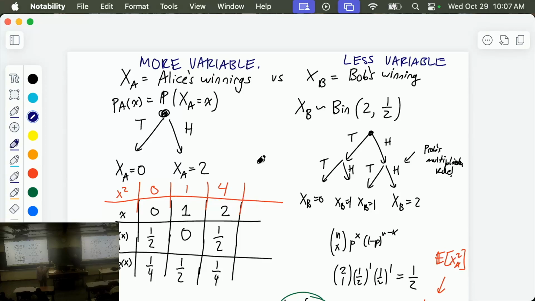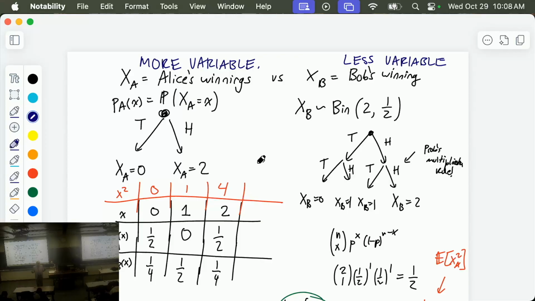Alice can't win exactly $1, and in fact, the 0 and 2 are spread away from that mean as far as possible, at least with respect to the way the game is played. So again, to emphasize, don't just think about it as the number of possible values that come out.